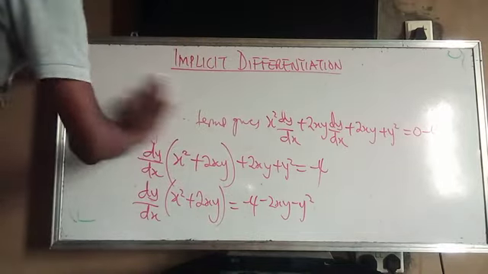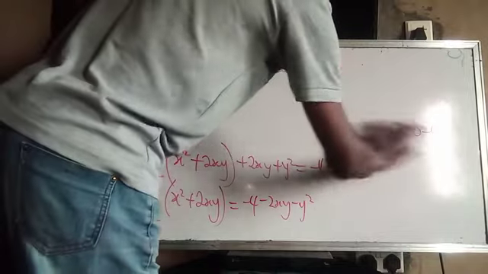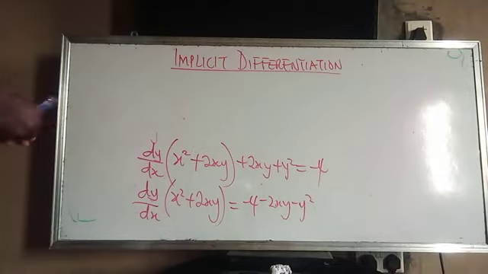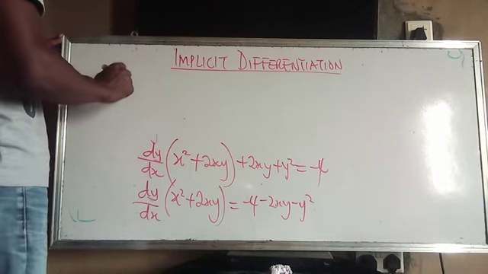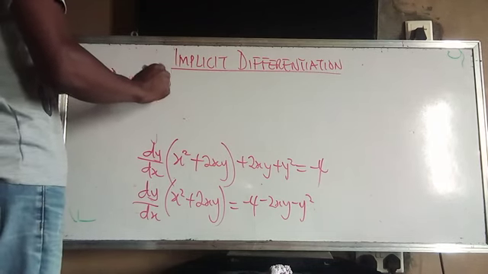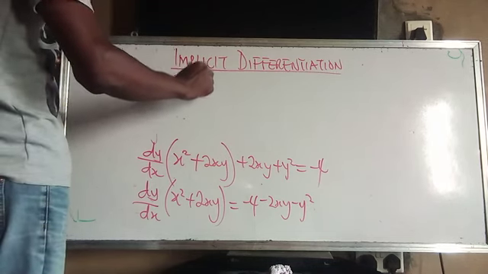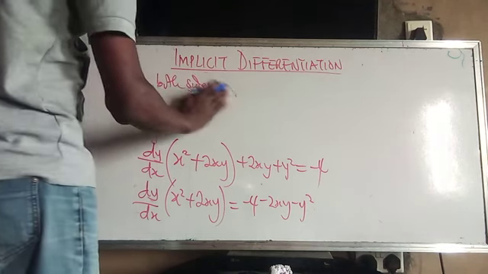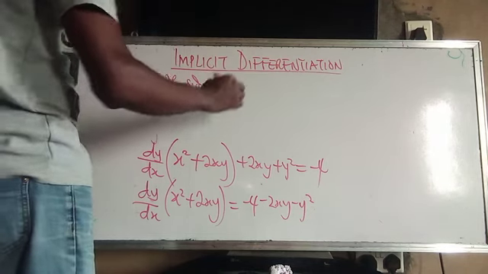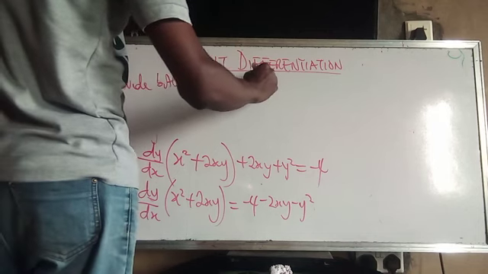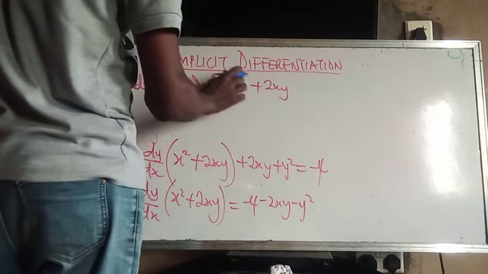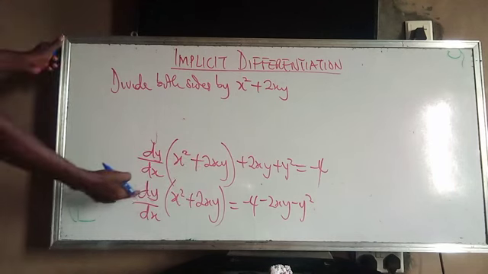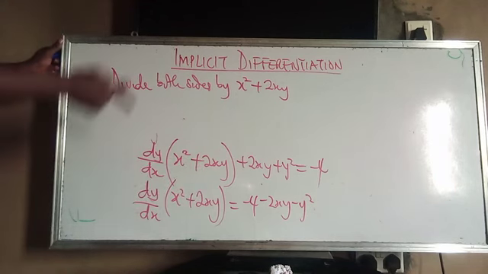So with this now, say divide both sides by x squared plus 2xy. Yes, by the time you divide both sides, because we want to make the dy/dx the subject of formula.